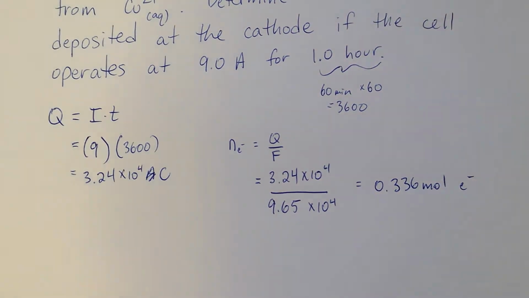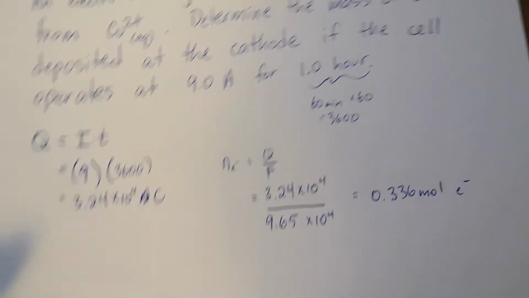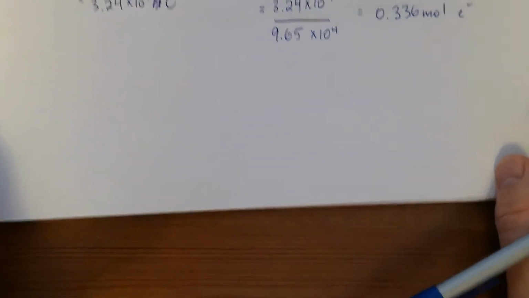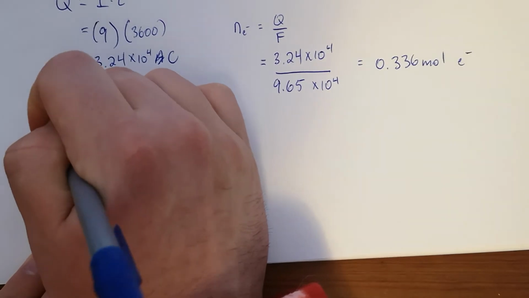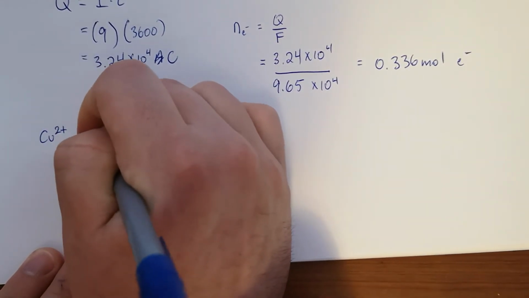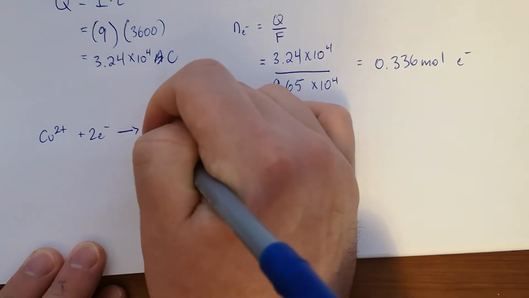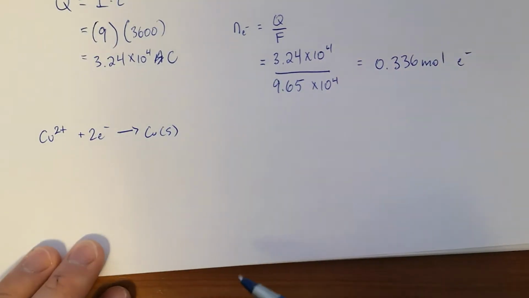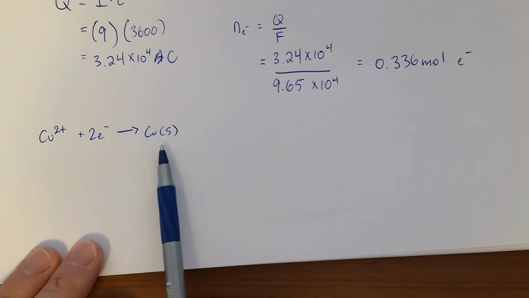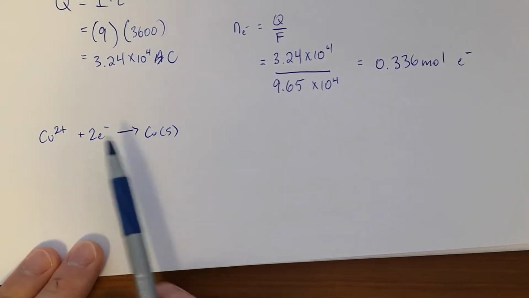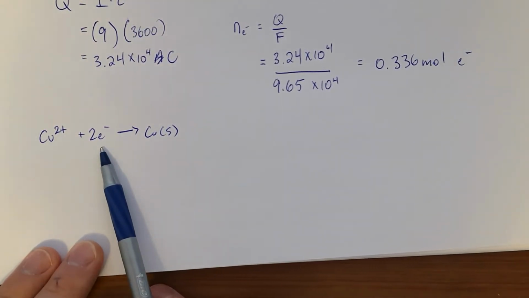Okay, that's going to tell us how many moles of copper are produced, because we know that the half reaction for producing copper looks like this. Okay, so now we apply the molar ratio. There's 1 mole of copper produced for every 2 moles of electrons.